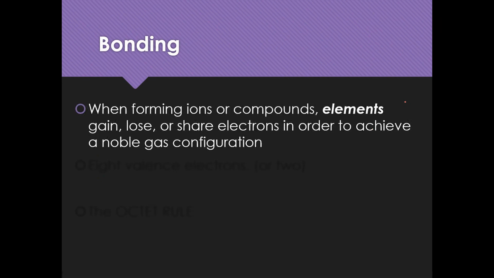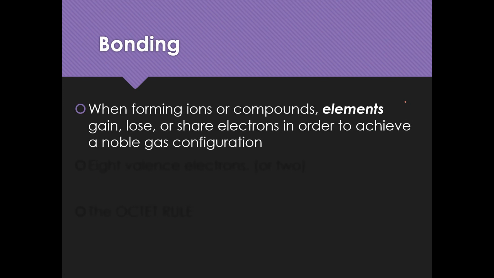So let's start here. When forming any sort of ion or compound, the elements want to do one thing and one thing only. They want to gain or lose electrons, or maybe even share electrons, in order to get a noble gas configuration. The noble gas elements on the periodic table, I refer to them as the royalty of the periodic table.